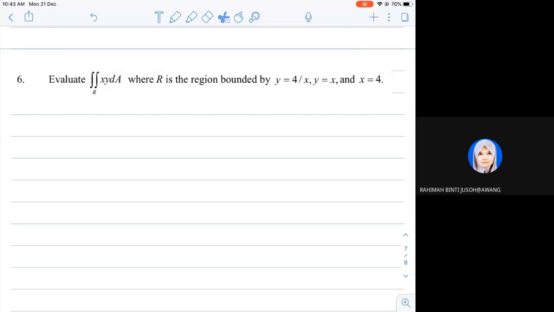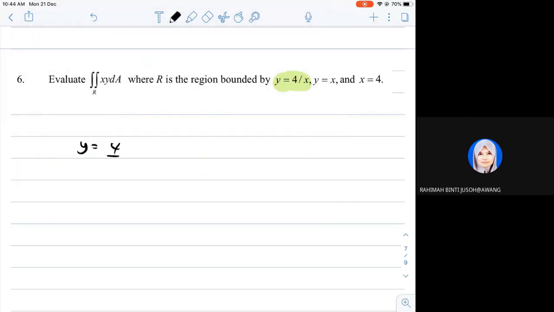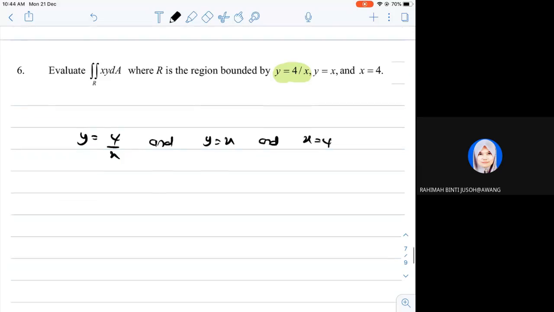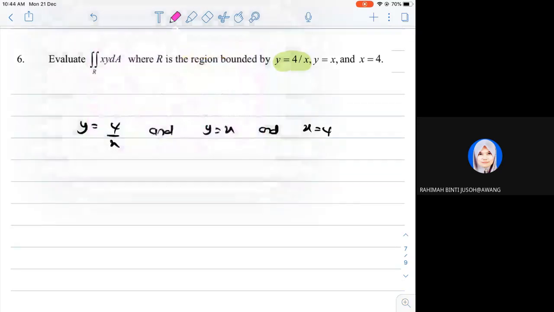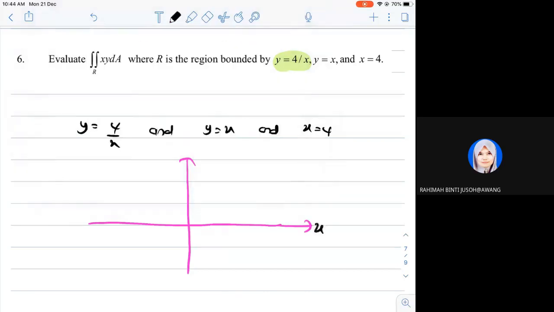Alright, you have 3 graphs here, guys. You have y equals 4 over x, y equals x, and x equals 4. So let us sketch the graph for this region. Let us plot one by one, x and y.